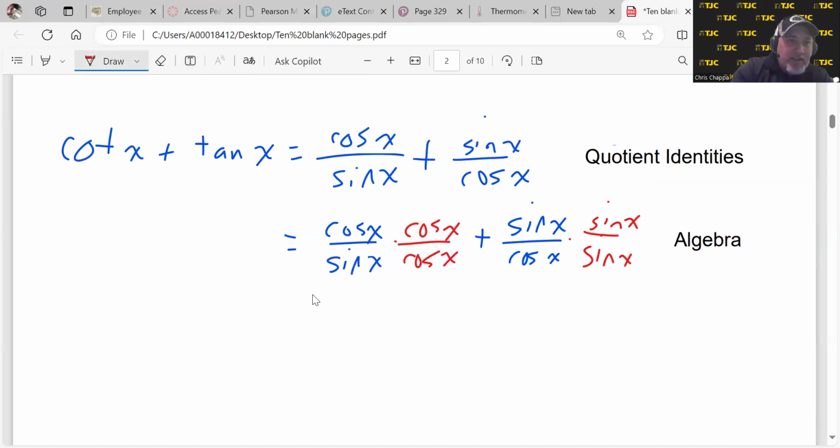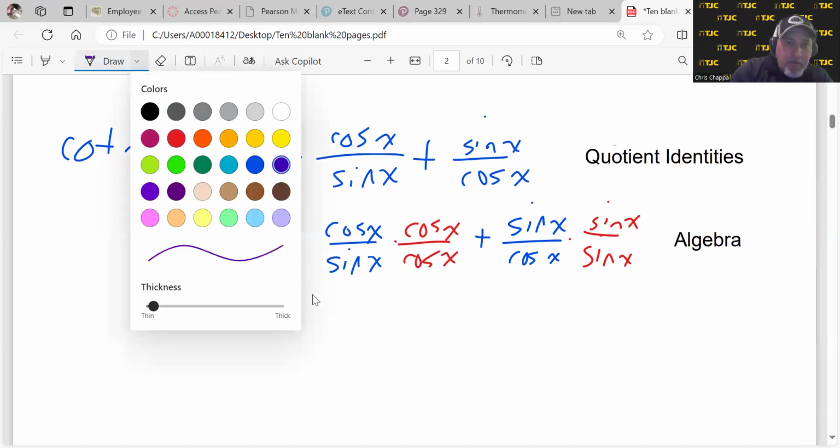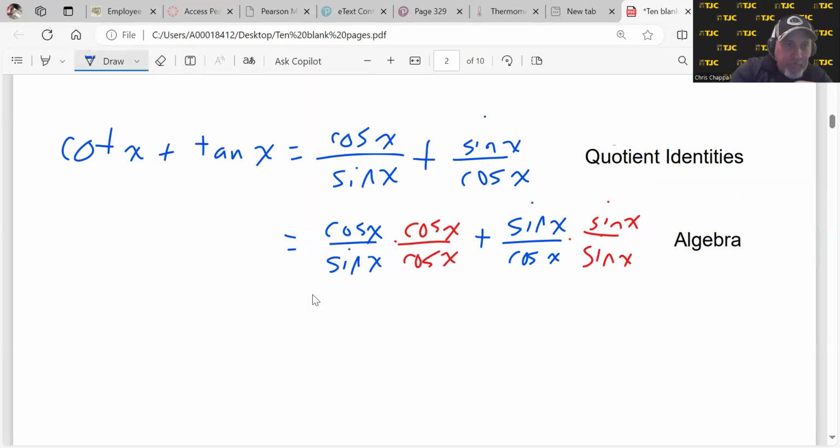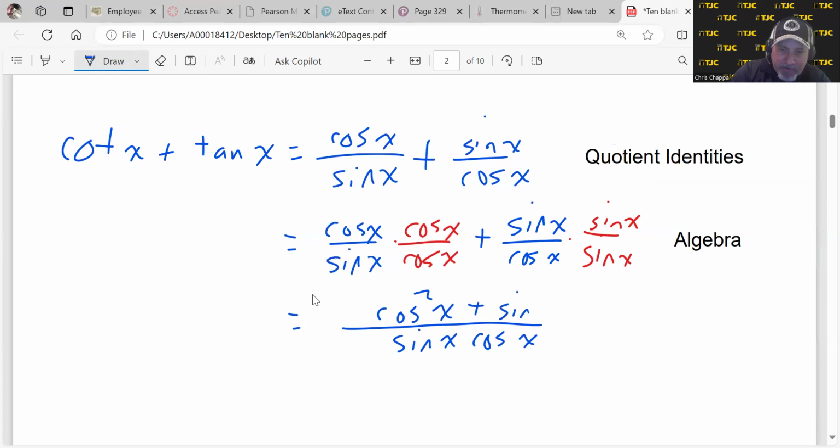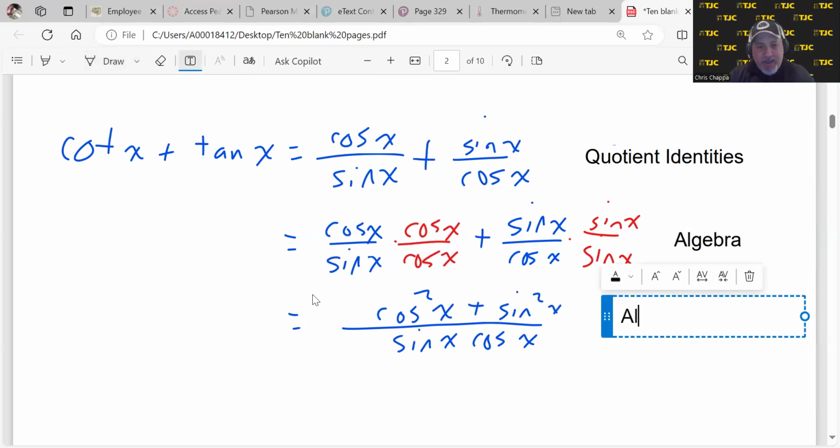And then on the next move, we simply put everything together. And we got sine of x, cosine of x, over cosine squared of x, plus sine squared of x. And again, if you were going to do a citation here of the move that you did, you would just say algebra because we didn't do trigonometry.